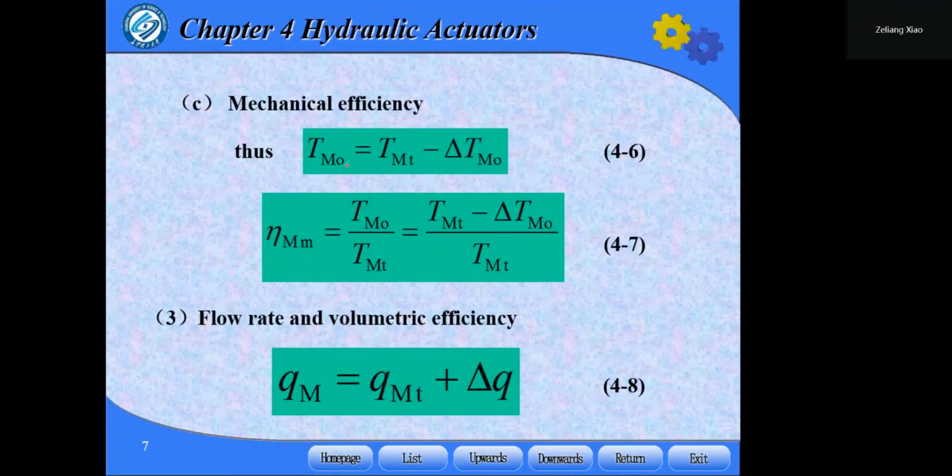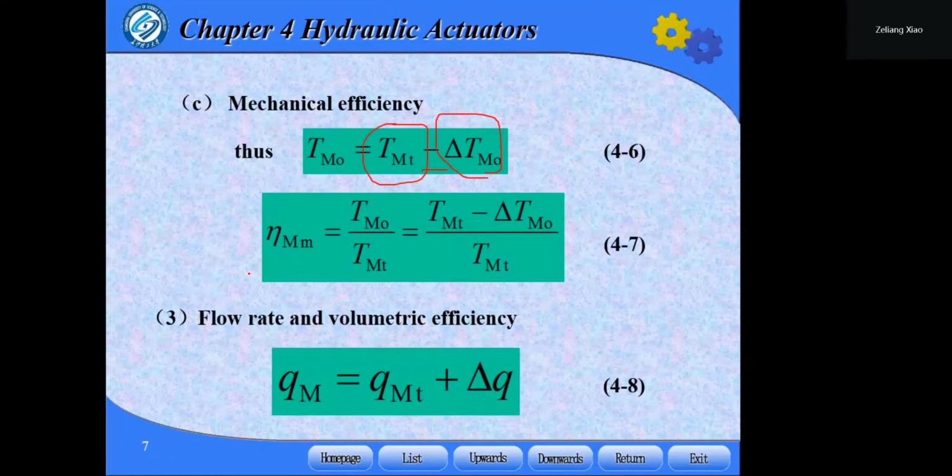Mechanical efficiency when the motor is in operating condition. The output torque equals the theoretical torque minus the loss of the torque in the operating condition.